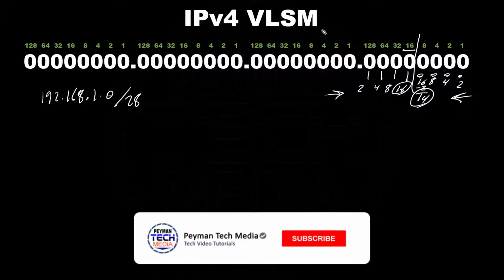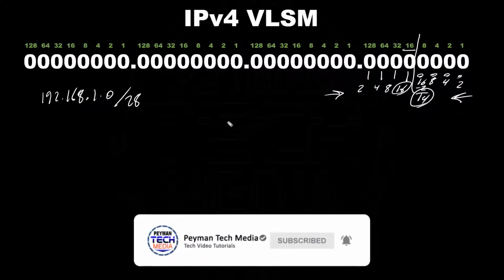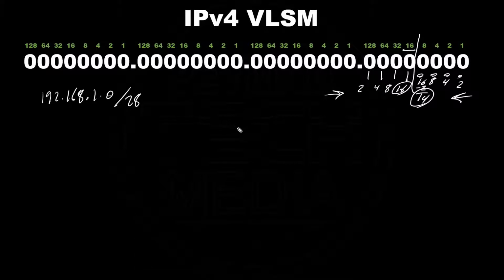And in what scenario don't we want all the subnets to be fixed? For example, let's say we have point-to-point connections. Let's say we have 3 different routers, and these are the point-to-point connections. If this is router 1, router 2, router 3, and these are the networks.